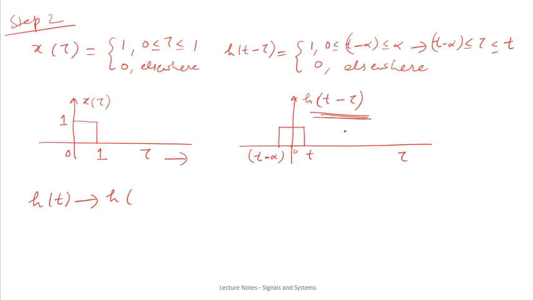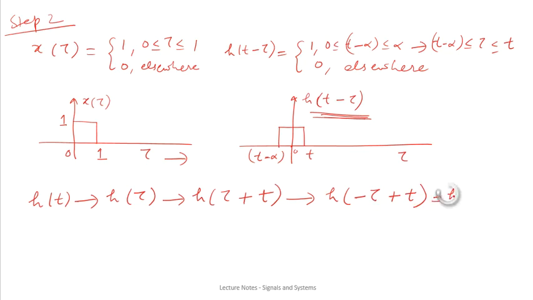In obtaining h(t minus tau) from h(t), you first replace the variable with tau, then do a shifting operation by this factor t, and then perform the time reversal operation, so that it becomes h(minus tau plus t), which equals h(t minus tau).